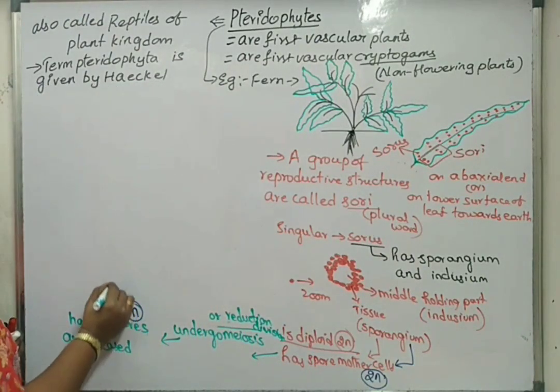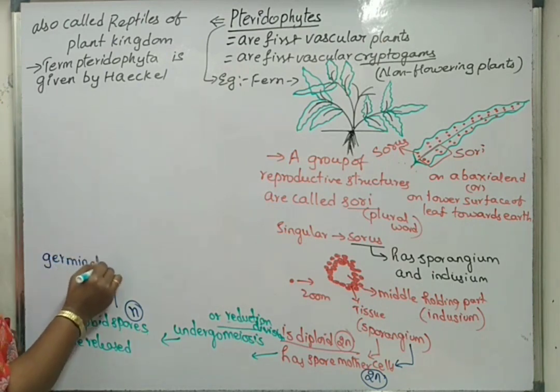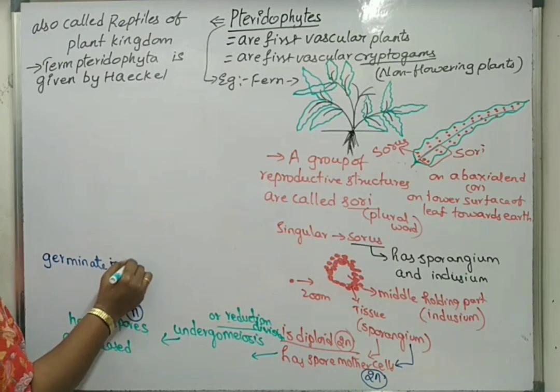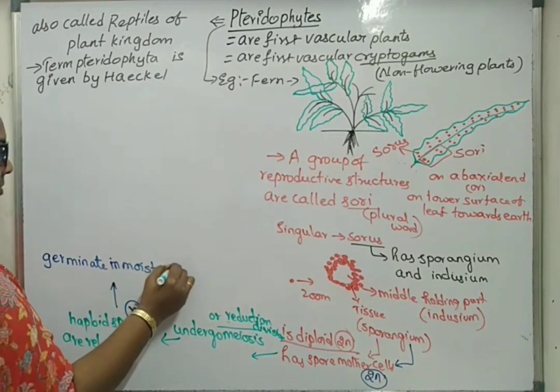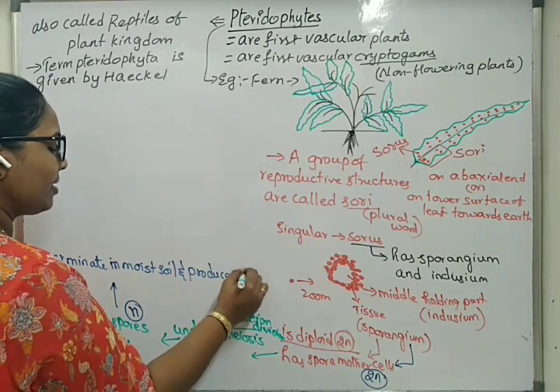Now, what about these spores? These spores germinate in moist soil and produce a prothallus.